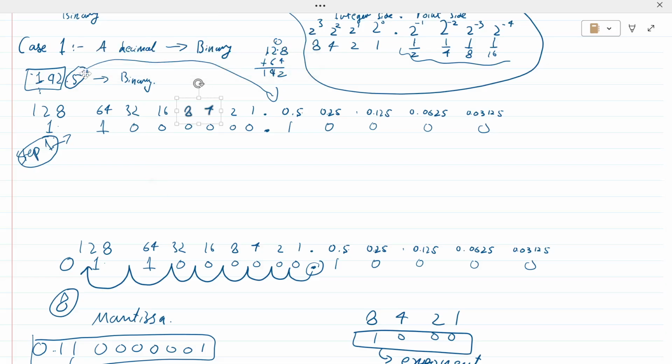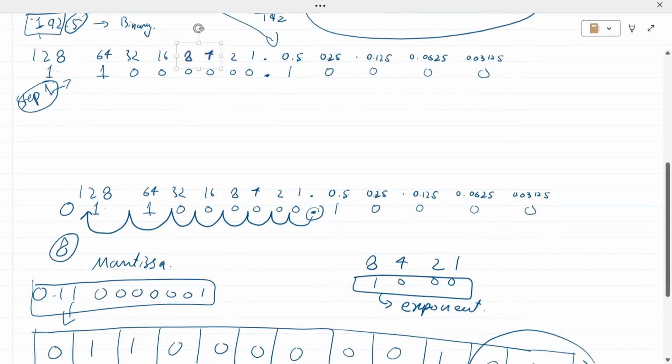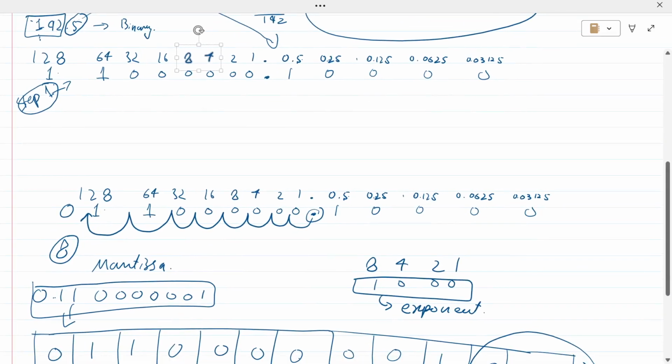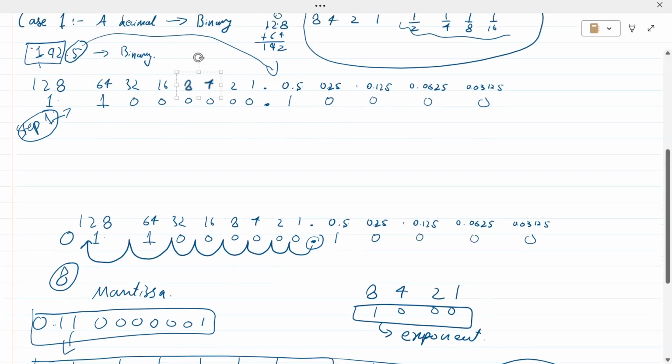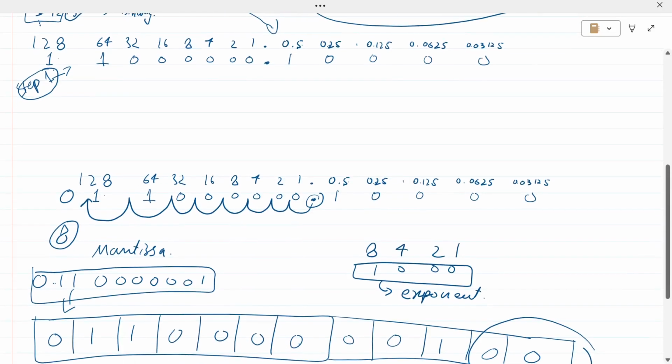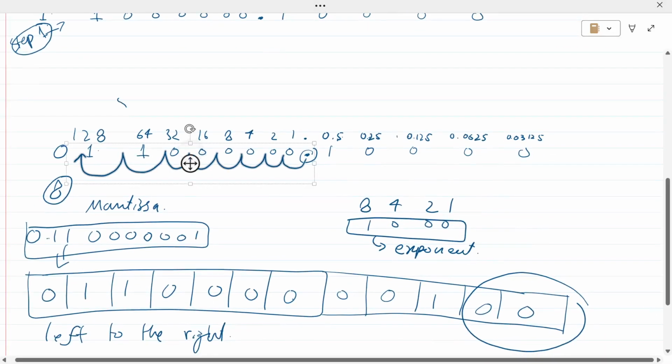We wrote all of the powers of 2, right? Then we put a dot after that, and then we began writing the point side of the powers of 2, and that is 0.5, 0.25, and so on, and you've got to memorize these values. This was the first step, right? Then moving the point is the second step.